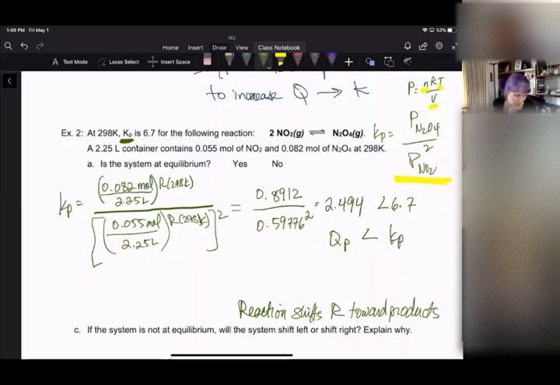Is that clear? Awesome. I lined them up with the inequality sign, so Qp was less than Kp. So we need that numerator to be bigger.